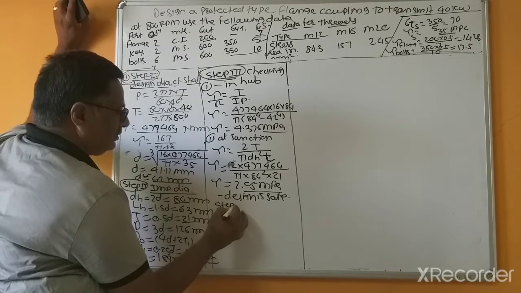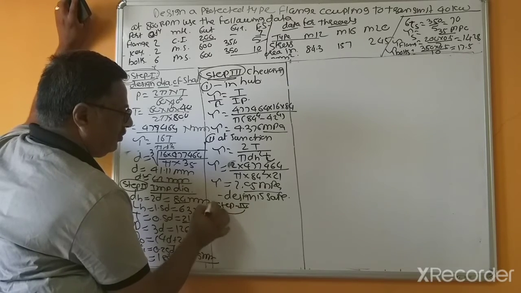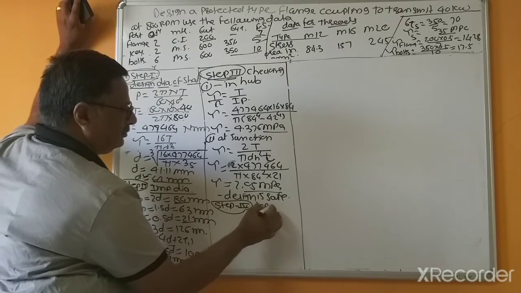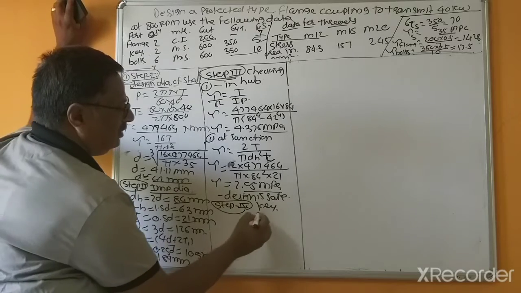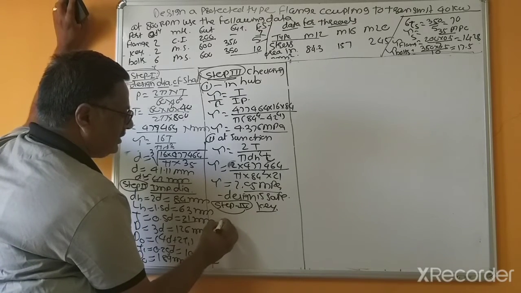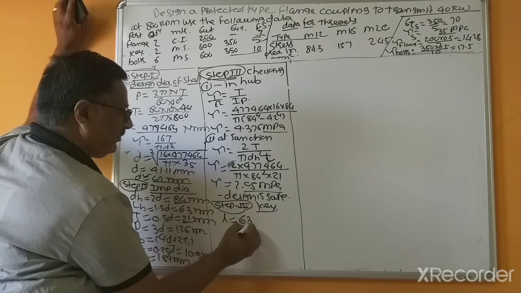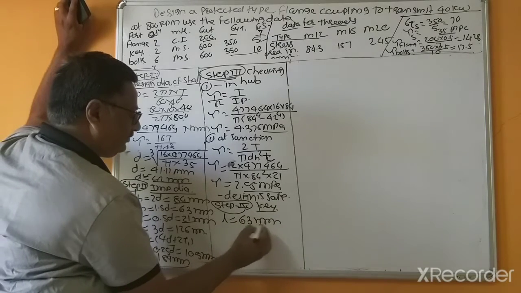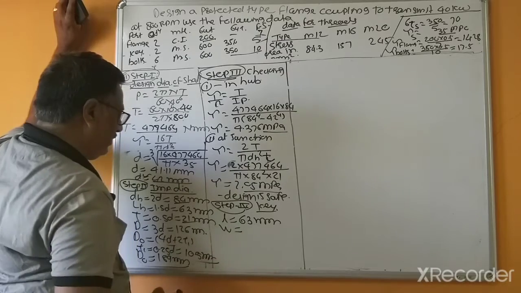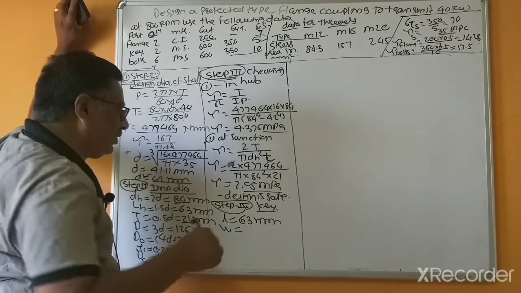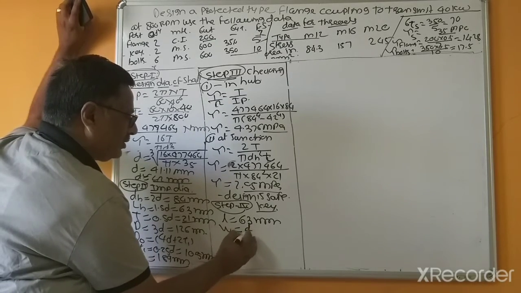Step fourth, for the key. Now what are the important dimensions? Length equal to 63 mm. Width equal to d by 4.